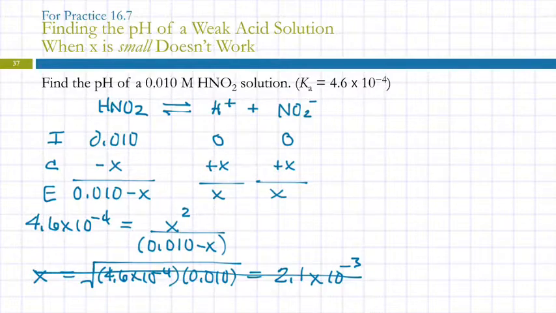Using the solver, I'm getting x equals 1.9 times 10 to the minus 3. This is in the same ballpark as 2.1 times 10 to the minus 3, but it's not the same. So this is our x. We're trying to find the pH. Hydrogen ion concentration at equilibrium is equal to x, so we need the negative log of that to get the pH.